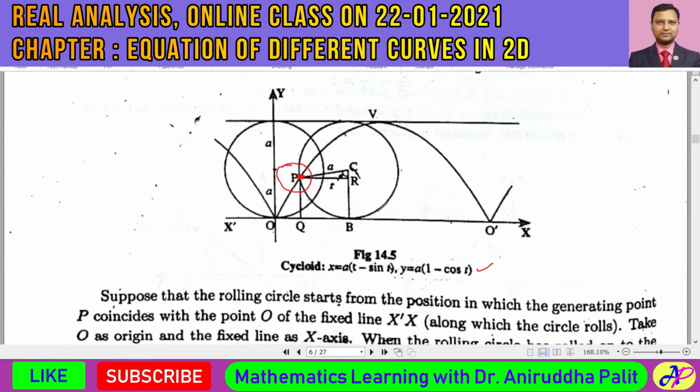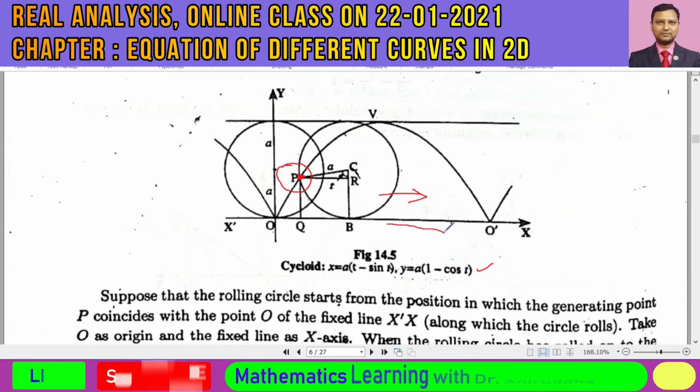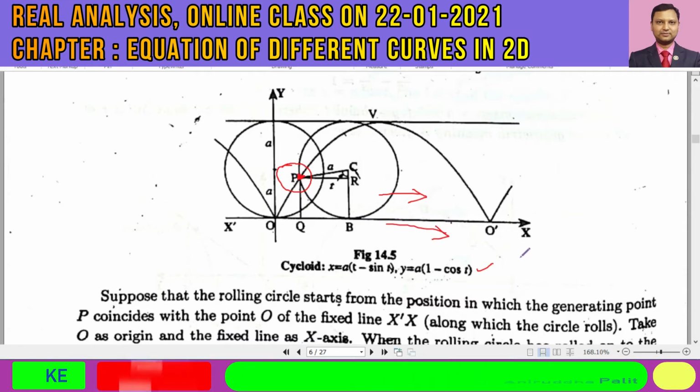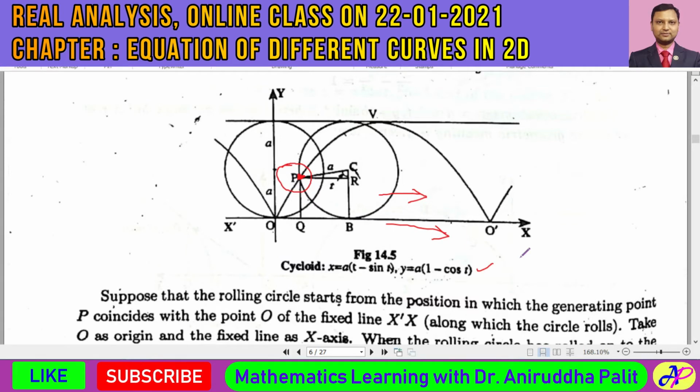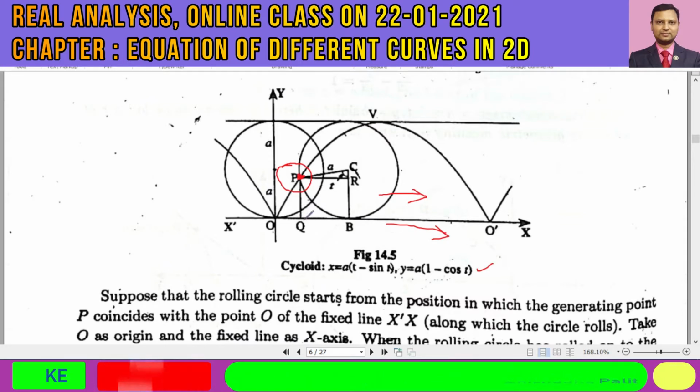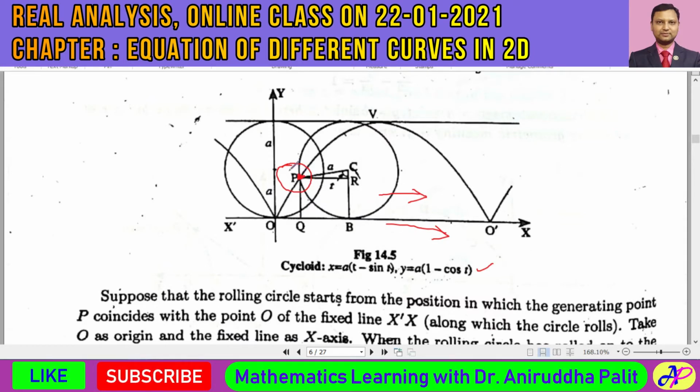Now slide this circle along the x-axis, or try to rotate this circle along the x-axis. Then along with the rotation, the locus of this point P will generate this curve. This curve is called the cycloid.